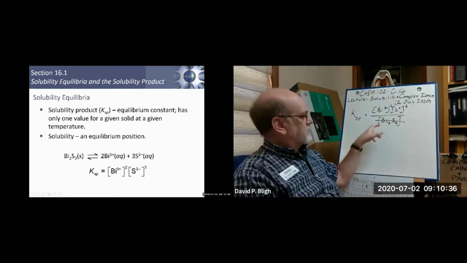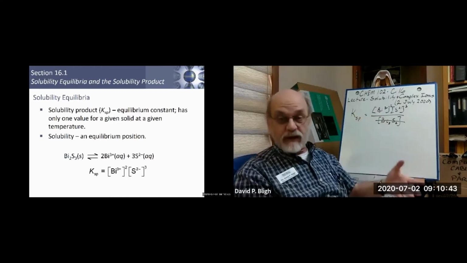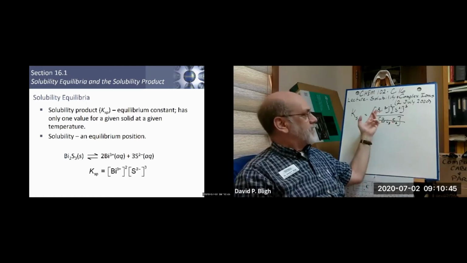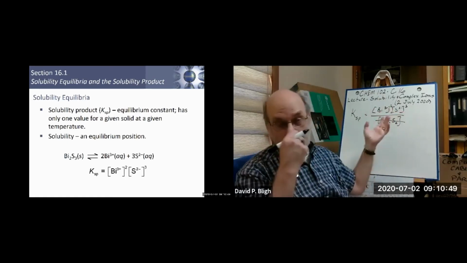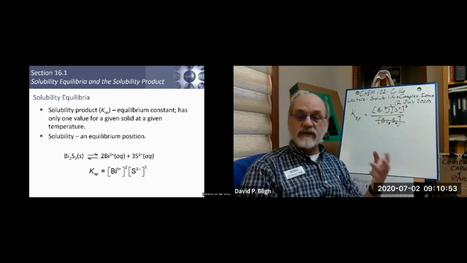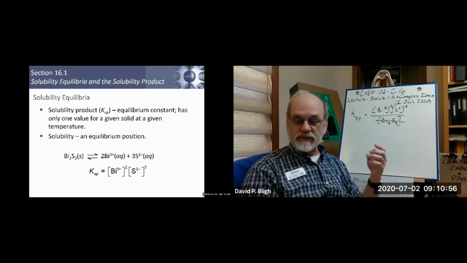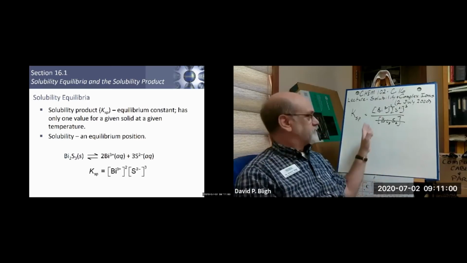And the expression then becomes a mathematical product of one ion against the other one. It could be more than one, right? If you have a solid compound that breaks into more than one ion type, there could be three or more. But we're going to try to keep it simple.